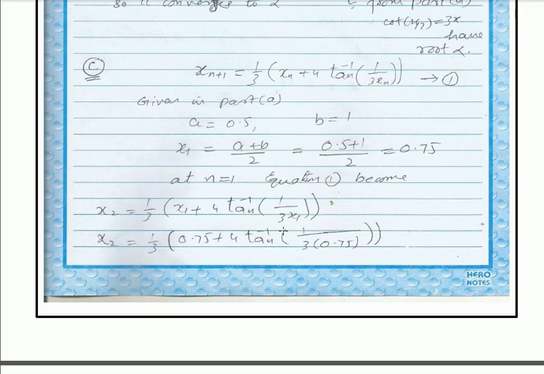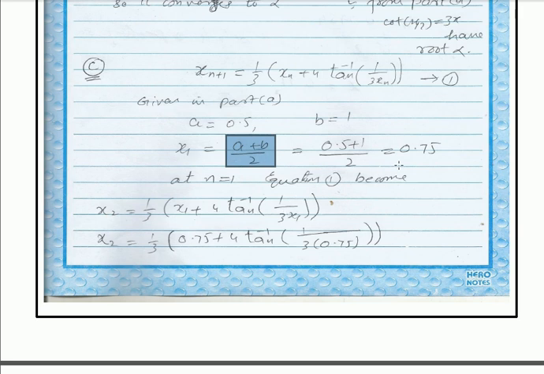For part C, x(n+1) = 1/3 (xn + 4 tan^-1(1/(3xn))), equation number 1. From part A, a = 0.5 as the given root interval, b = 1. x1 is equal to (a+b)/2. We shall use the formula (a+b)/2 for the first value, which is equal to 0.75. When n = 1, x2 = 1/3 (x1 + 4 tan^-1(1/(3x1))).